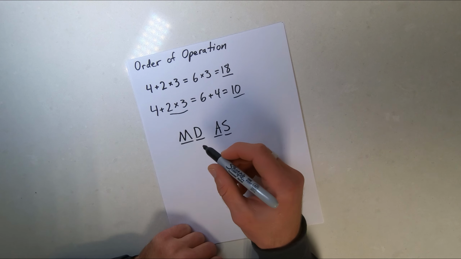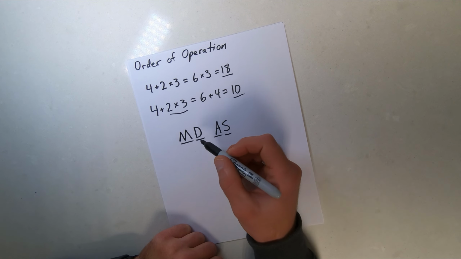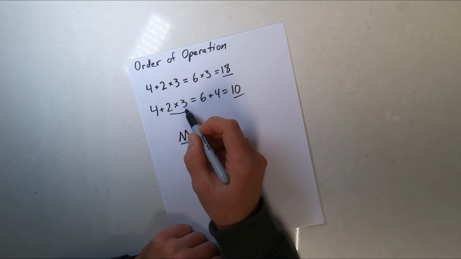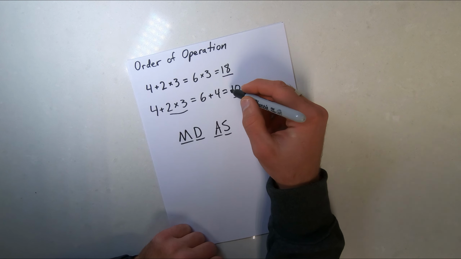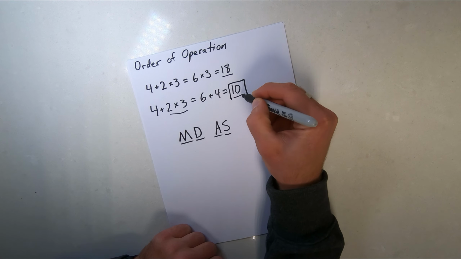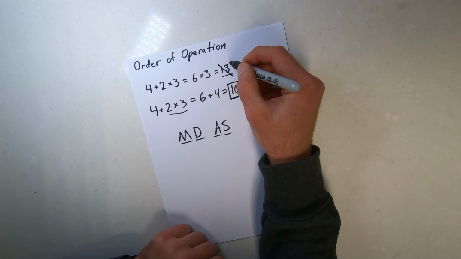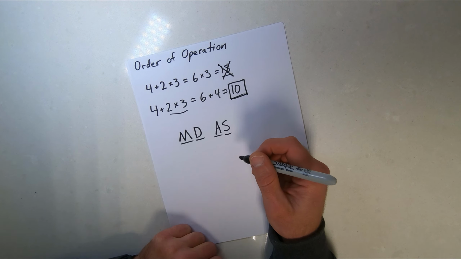So because multiplication and division goes first, we would perform the multiplication first and then add. So the value of 10 is correct, not 18, for this kind of problem.